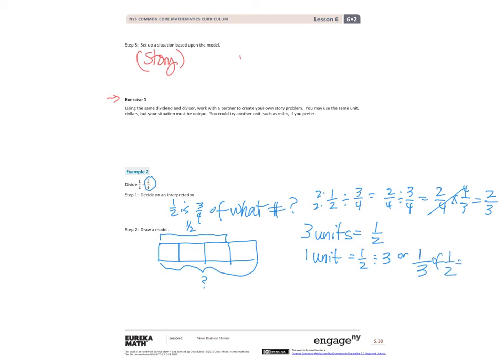And so then when I multiply that, I get 1/6. Okay. So therefore 4 units, meaning, remember these are 1, 2, 3, 4 units, equals 4 times 1/6, that 1/6 that we just got, which equals 4/6.